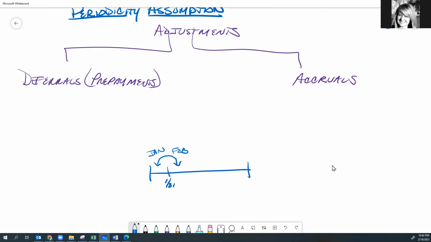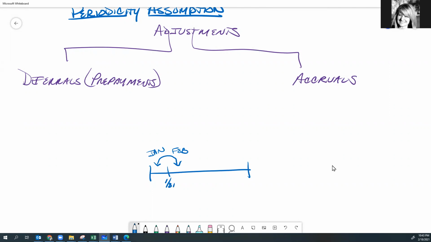Okay, let's talk about season ticket holders for a sports team. It may be that our customers, our fans, buy the season tickets before the season even starts.